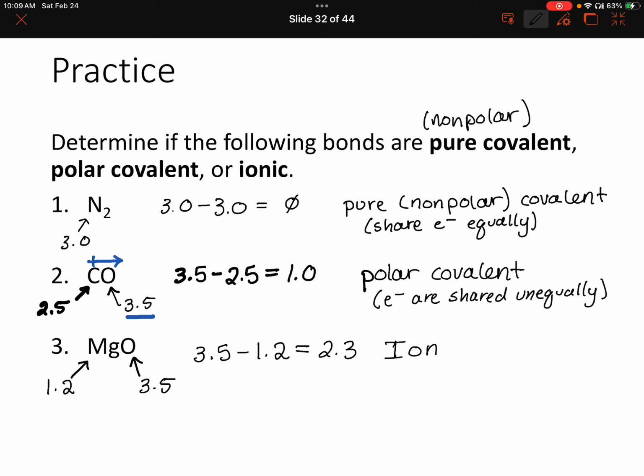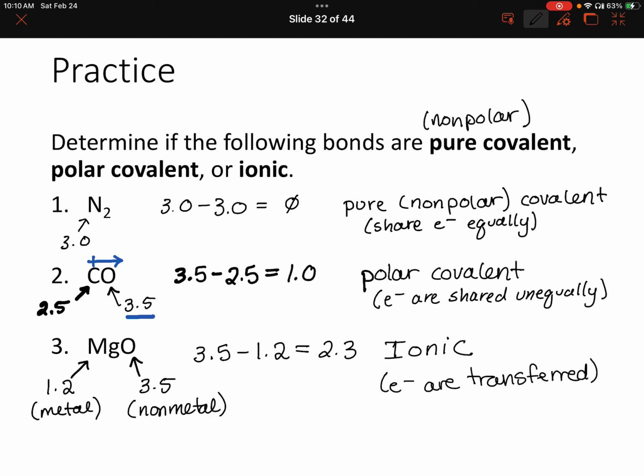Ionic. So that means that electrons are transferred between the two atoms. And we also can tell this is an ionic compound and an ionic bond because magnesium is a metal and oxygen is a nonmetal. So that's another clue that this would be an ionic bond.